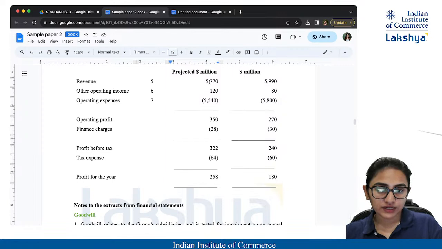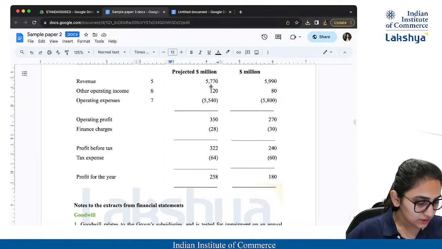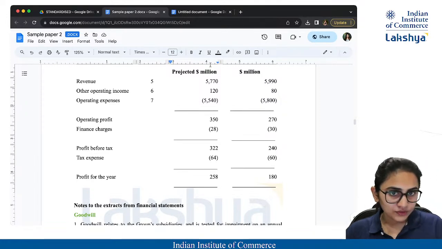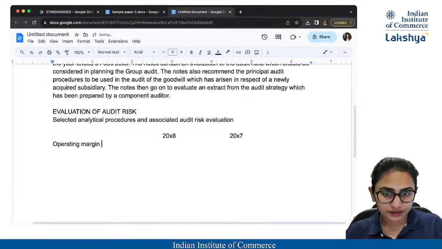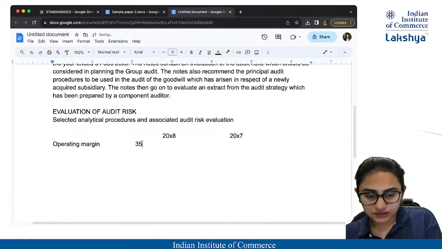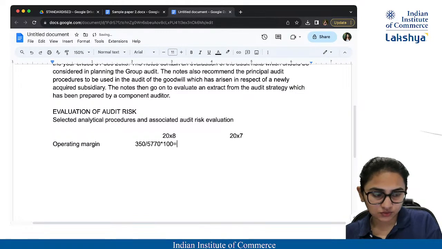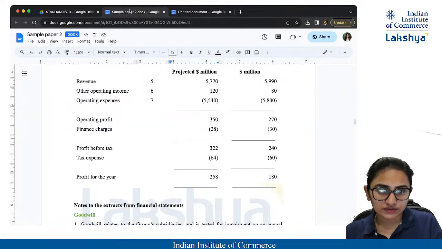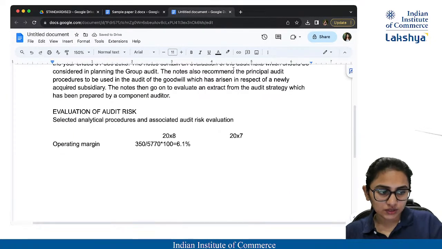So 350 divided by 5770 into 100. So the first one here is operating margin, which is 350 divided by 5770 into 100, and that is going to give you 6.1%. Similarly, for the last year, if you calculate, you will get 270 divided by 5990 into 100. So the second one, I am directly writing down the answer.